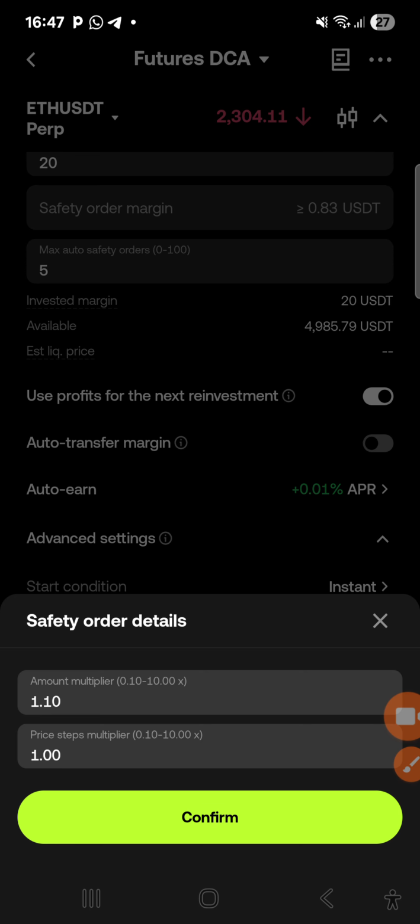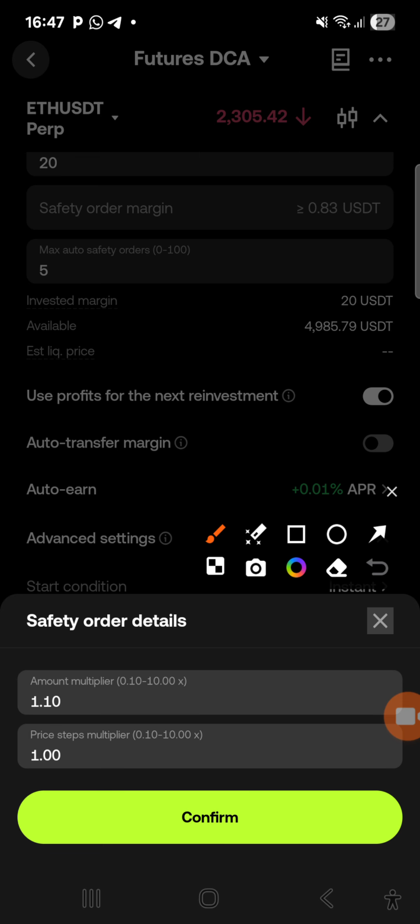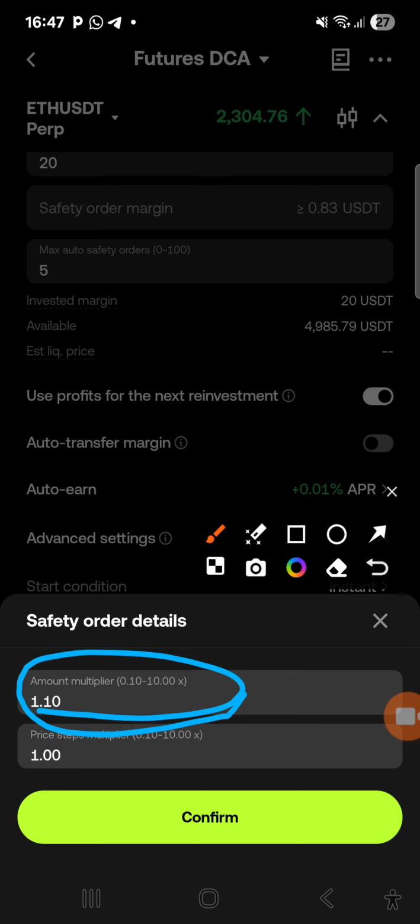When you put 5%, here they say amount multiplier. It means the amount you have set and commanded the robot, and when the market moves, that amount will be multiplied by 1, or you can change it to any other as you want.